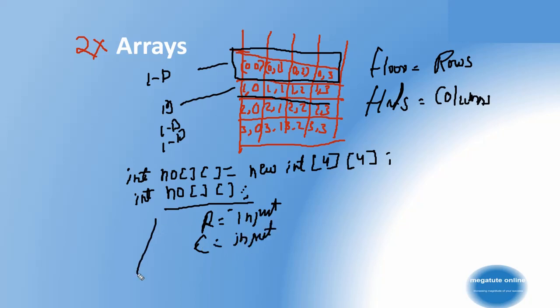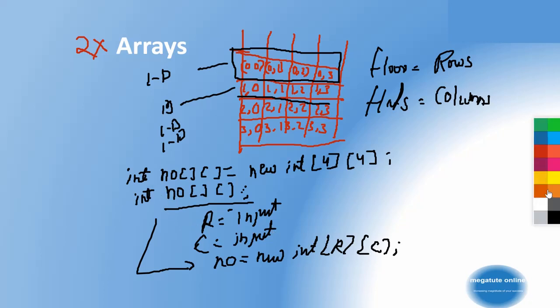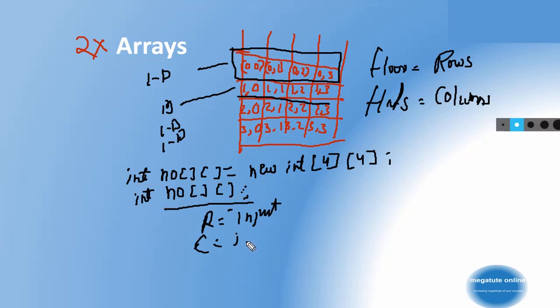And then after taking the input, you assign the rows and columns to this particular matrix: no equals new int R and C. So basically here you're doing everything in one row. Here you're doing one part of it and another part down below after getting the rows and columns.